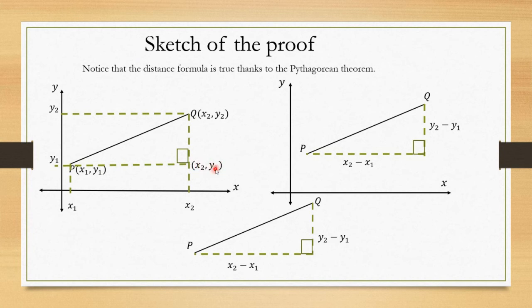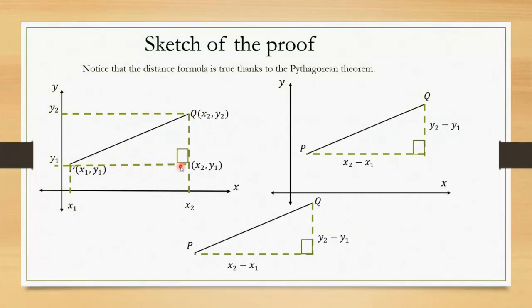And that's good. Now, why is that? If we wanted to get the length of this side, that's just a change in y coordinates. If you want to climb from this point up to this point, how far are you going to go? You're going to go y sub 2 minus y sub 1.